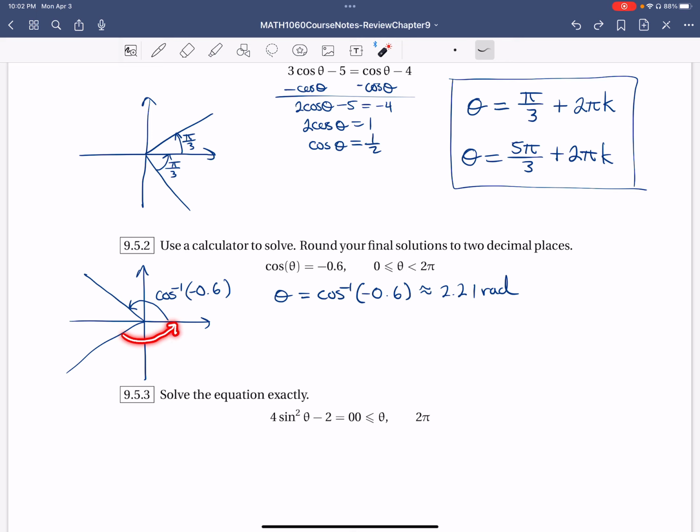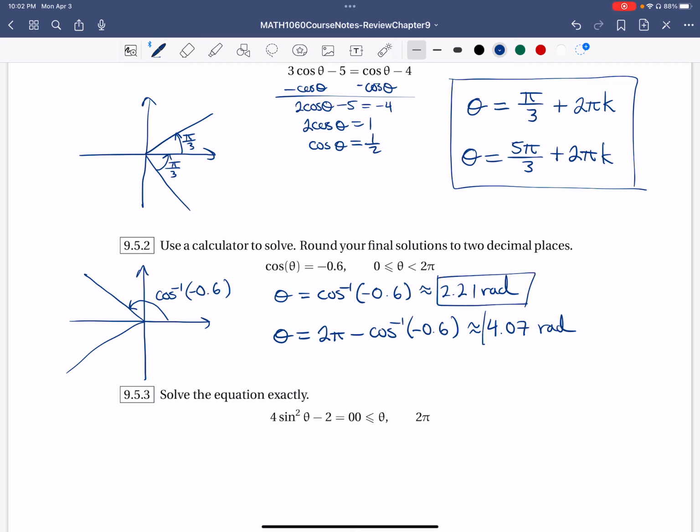So if we take 2 pi minus that angle, we will get this entire angle. So our second possibility is that we have 2 pi minus that arc cosine of negative 0.6, and that is going to be about 4.07 radians. Okay, so those are our 2 solutions here.